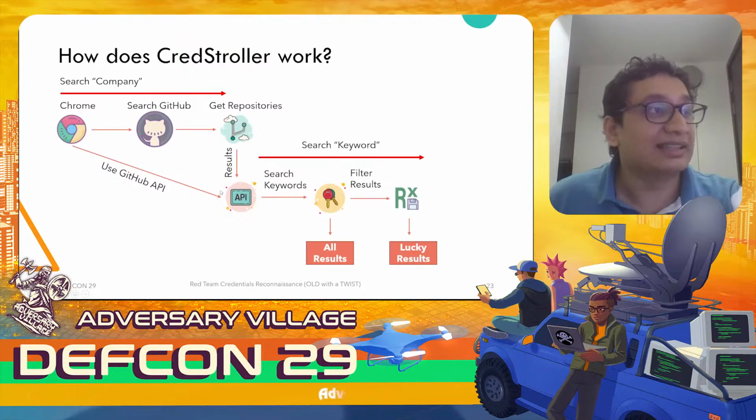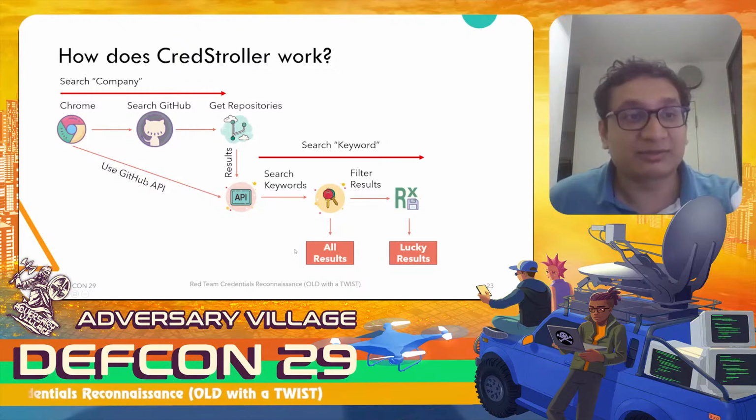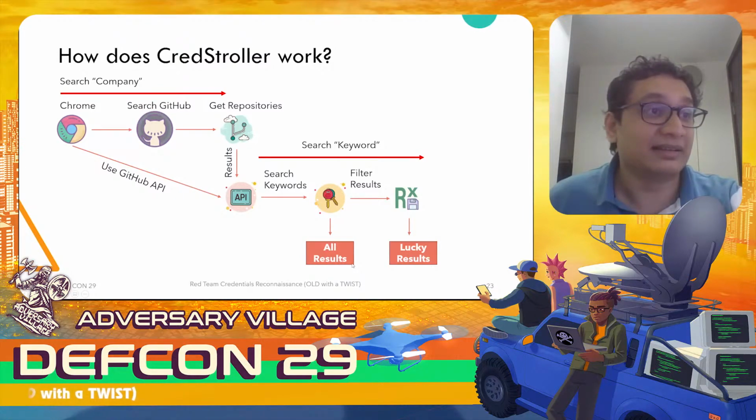Once we get the repositories, these repositories are sent to the API to search for the keywords. Once the keywords are searched, all the search results are stored in all results. So till here, no regular expression has been applied. If the file contains a get password method, all results will have a get password method in its output.